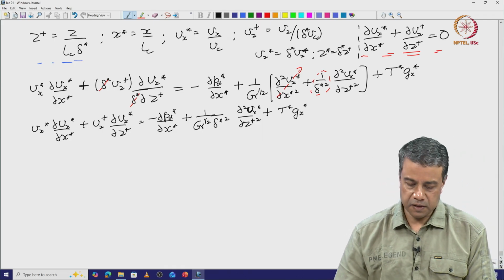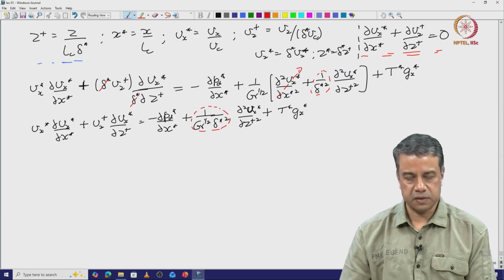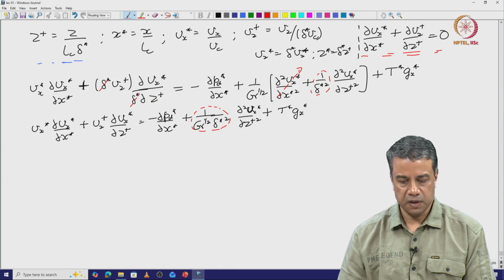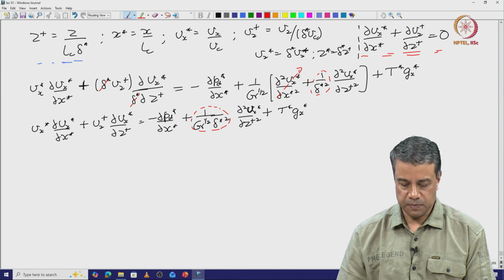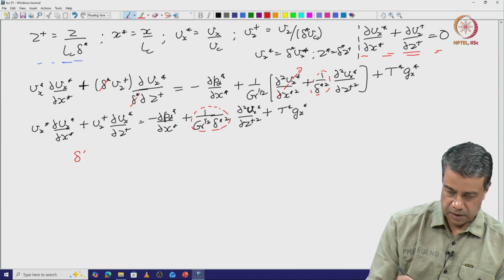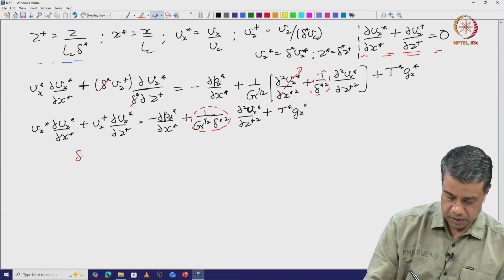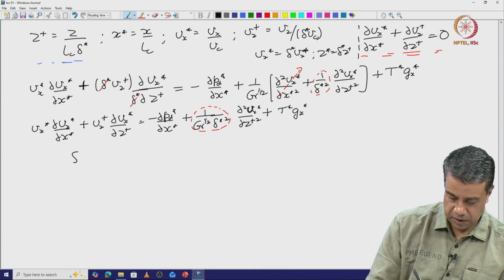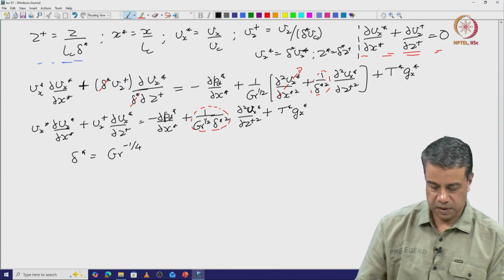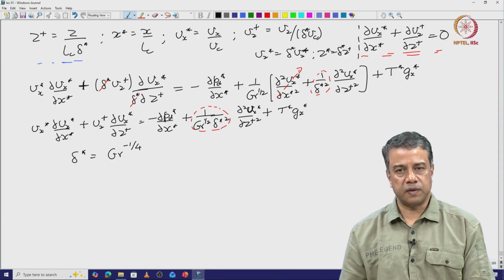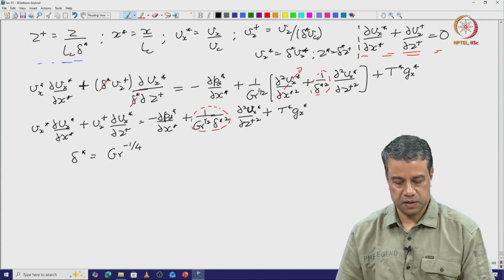And for convection and diffusion to be of equal magnitude, I require that this is order 1, which implies that delta star is equal to Grashof number to the minus 1 by 4 power. The boundary layer thickness goes as Grashof number to the minus 1/4 power in the limit as the Grashof number becomes large.